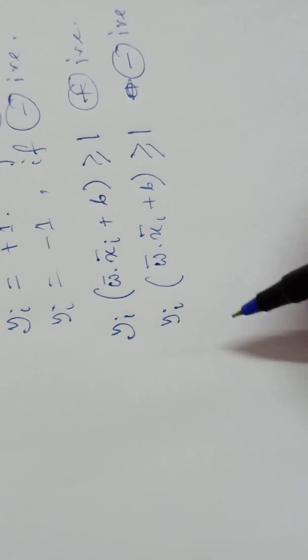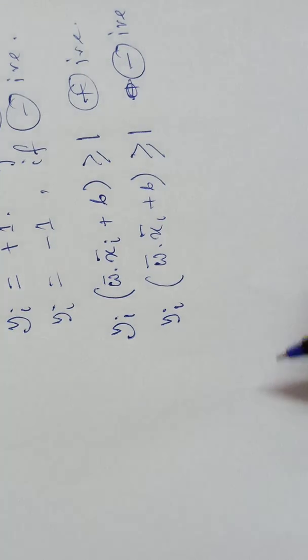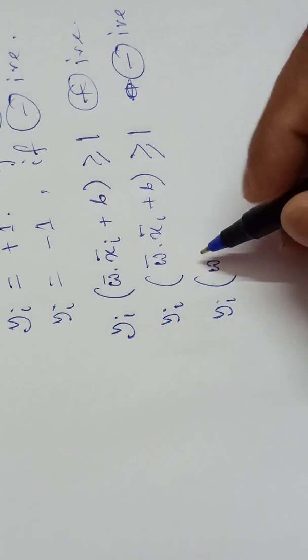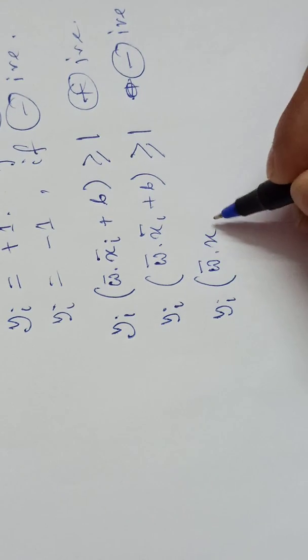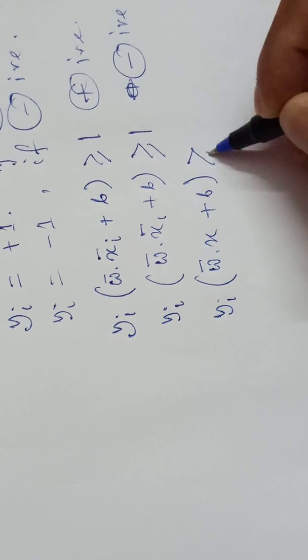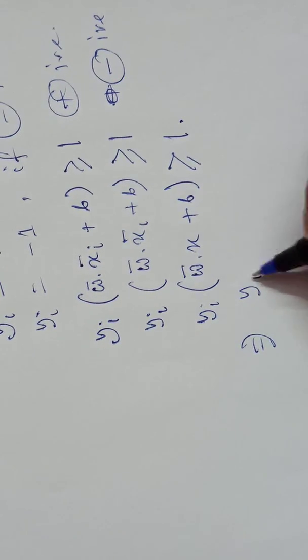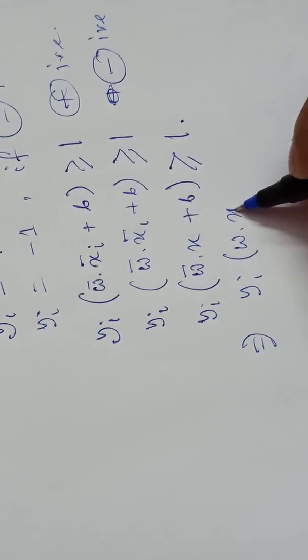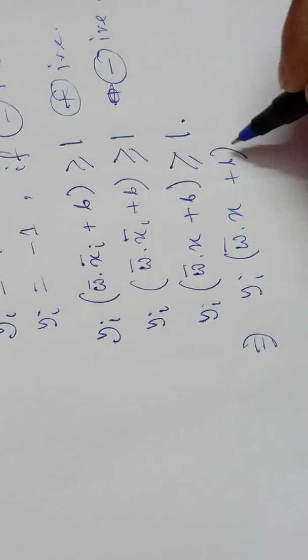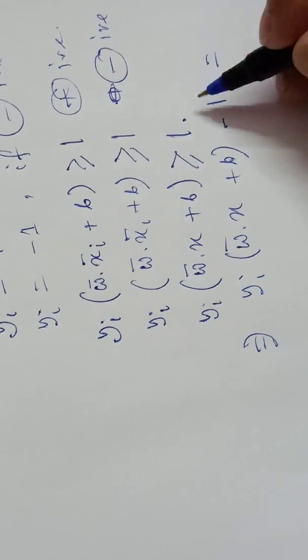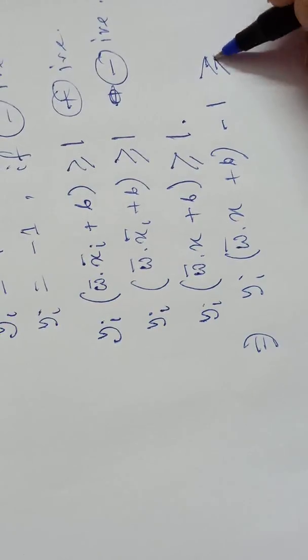Therefore, what we can write? We can write for any data, this condition will be true, greater equals to 1. Or in other ways, we can write yi (wx plus b) minus 1 is greater equals to 0.